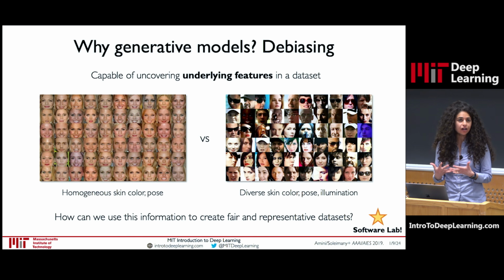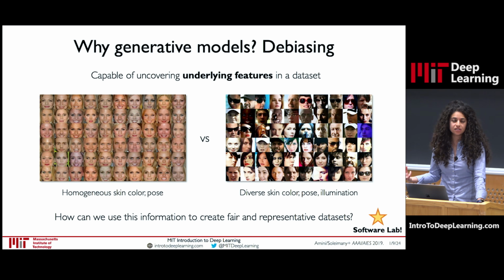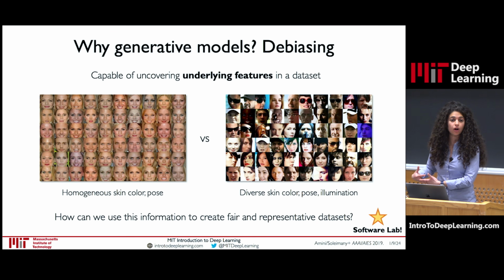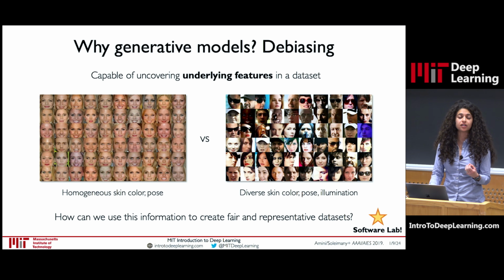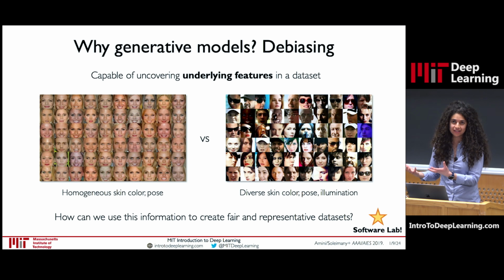In fact, we can actually use generative models to do more intelligent learning of the algorithm and the model itself, to use this information about what aspects of the probability distribution are more represented relative to others, to actually train models that are more fair, less biased with respect to how they perform on particular facets of the underlying data distribution.